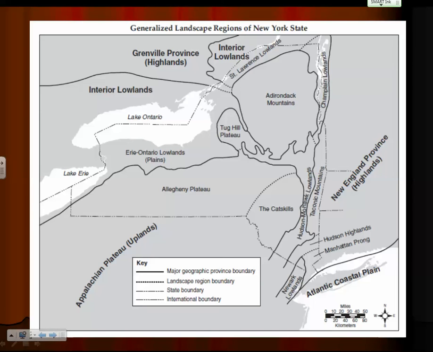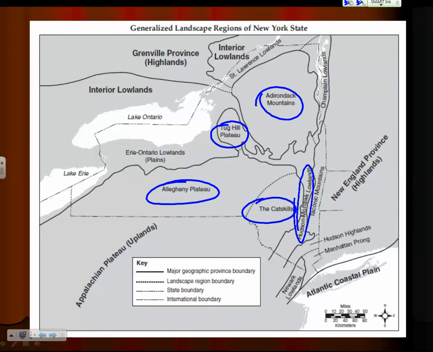So we got the Adirondacks, the Tug Hill Plateau, the Allegheny Plateau, the Catskills, Hudson-Mohawk Lowlands, Taconic Mountains. There's some ones that go off of New York State, like the New England Province Highlands. We don't look at that too much. The Hudson Highlands, Manhattan Prong, Newark Lowlands sticks a little bit into New York State there.